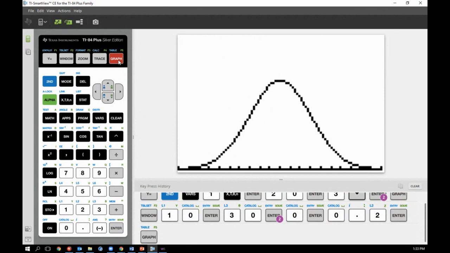So did your normal come up like that? Yep. And then hit graph.